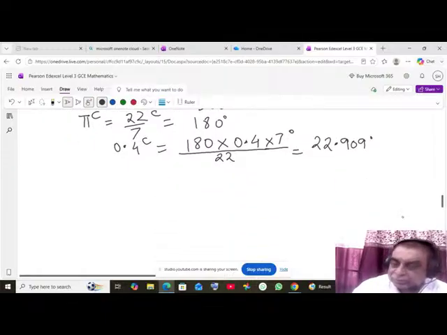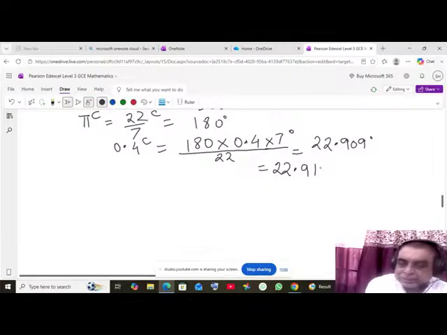So I am rounding this angle to the second place of decimal. In the third place it is 9, so when we round it to the second place, we will get 91. So that is the central angle in degrees.